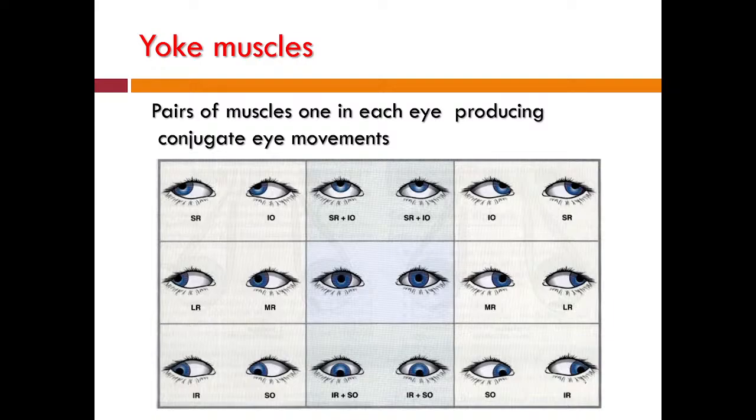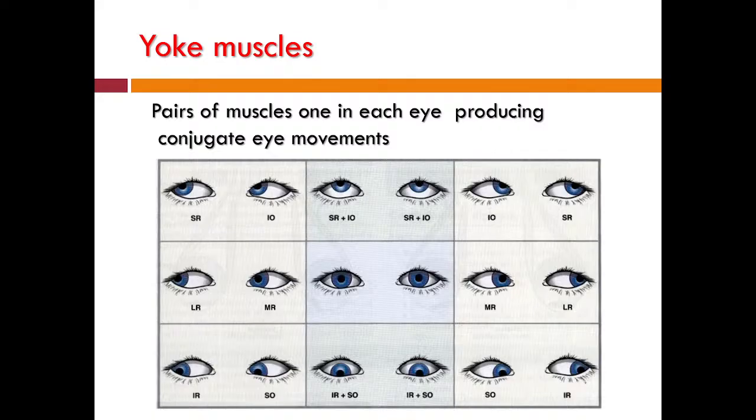Now, I told you all these 9 actions, the versions, the conjugate binocular movements called versions. Now, what are the muscles which are responsible for this particular movement? For example, if I say dextroversion, right and up, which is the pair of muscles helping for this movement, one in this eye, one in this eye? Or I am looking straight towards the right.